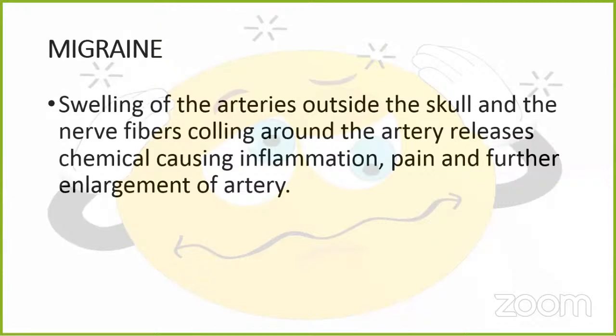So migraine again is a neurological syndrome characterized by altered body perceptions, headaches, and nausea. The typical migraine headache is unilateral. Migraine means one-sided. Unilateral means one side of your head may feel a more throbbing and pulsing sensation. And people having migraine may perceive an aura.